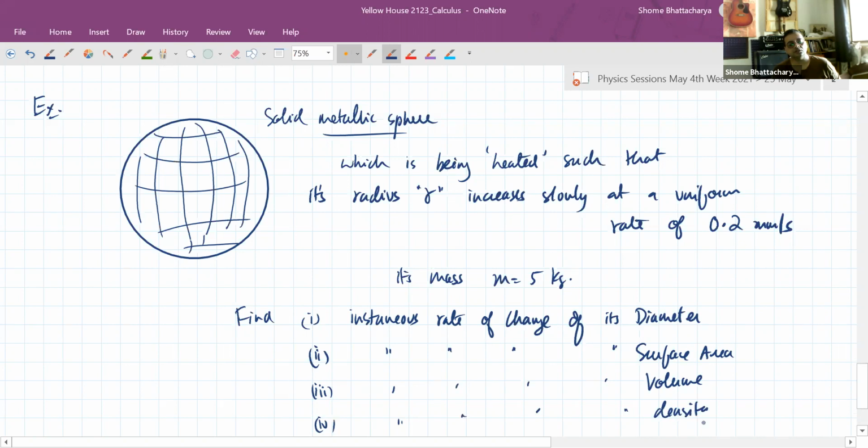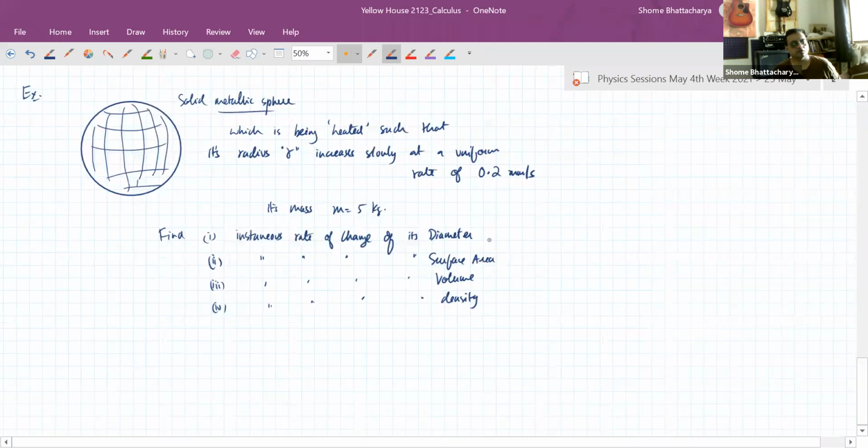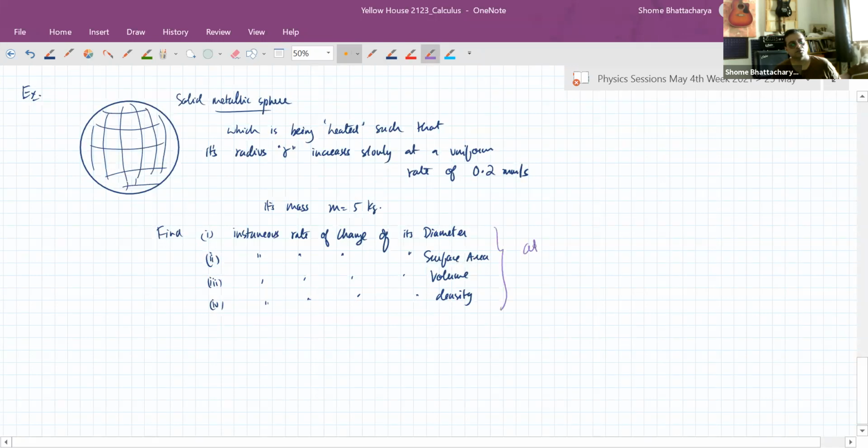So these four things we have to relate. But at an instant when its radius is equal to 10 centimeters. So at a particular moment when the radius is equal to 10 centimeters, we have to find the value of rate of change of each of these quantities. Okay.